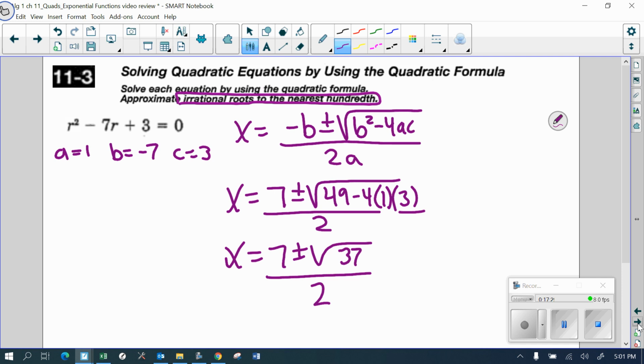Notice there are two answers. It says roots. There are always two answers. The degree of the polynomial tells me how many answers there are, or solutions, or x-intercepts, or zeros. So there are two. Notice it's 7 plus the square root of 37 all divided by 2, and 7 minus the square root of 37 all divided by 2. So now they want us to plug that in your calculator and get your two answers.